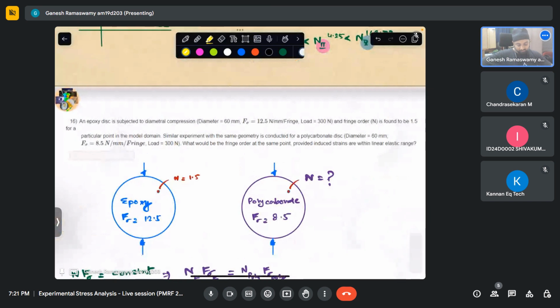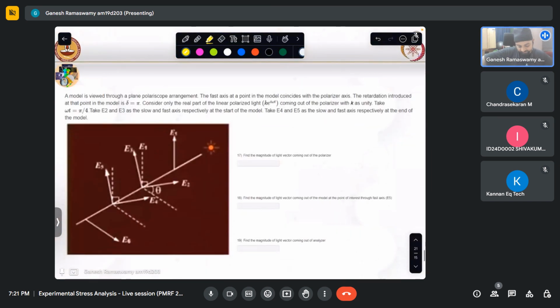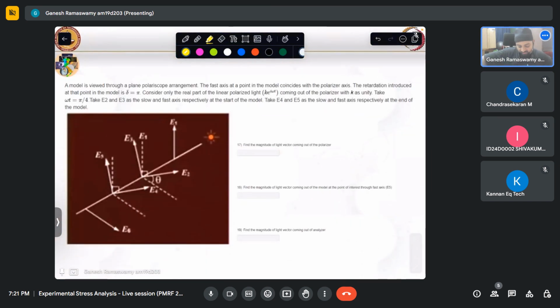Very well. So let us move on to this question. A model is viewed through a plane polariscope arrangement. The fast axis at the point on the model coincides with the polarizing axis.